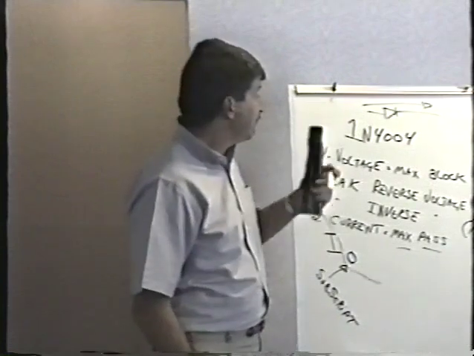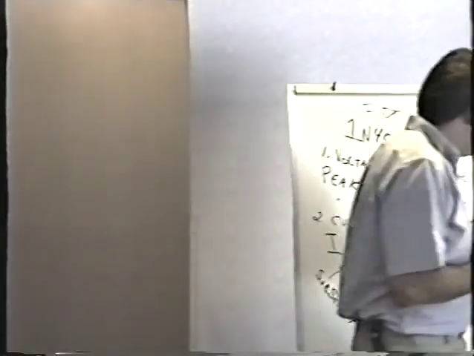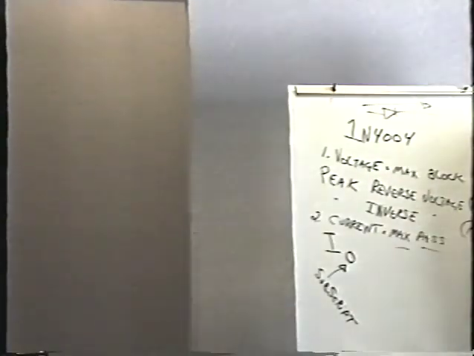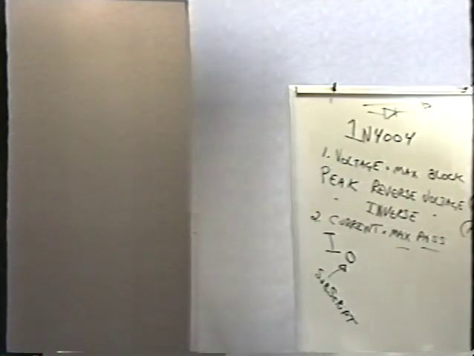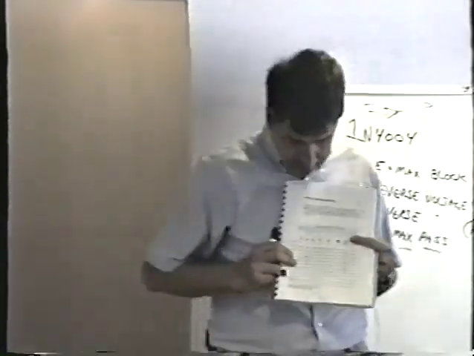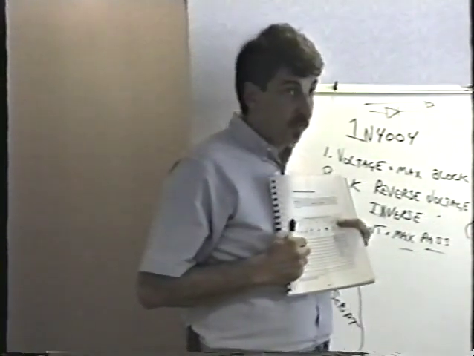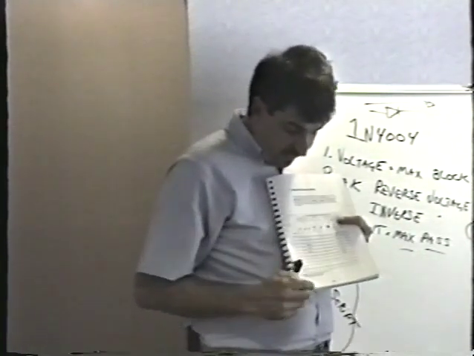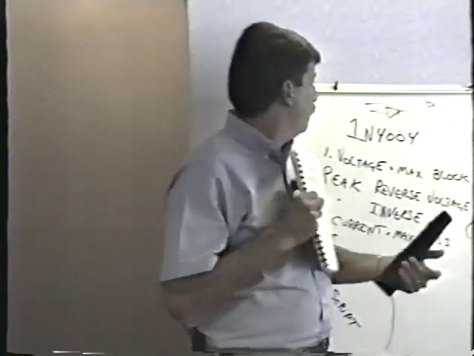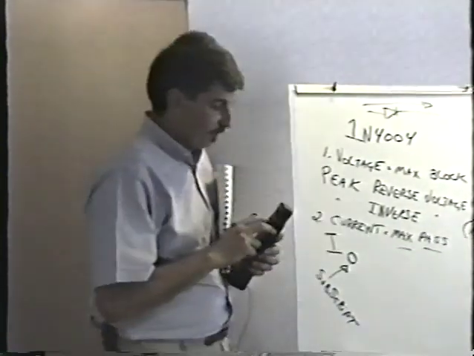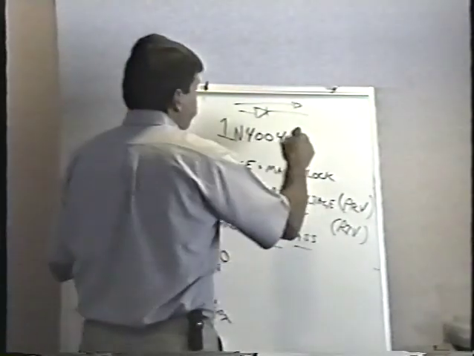All right, well, let's look this up. If you look on page R5, and you look down this far left-hand column here, 1N400 series, the 400 series, what is the voltage rating of the 1N4004? Sure, 400 volts.